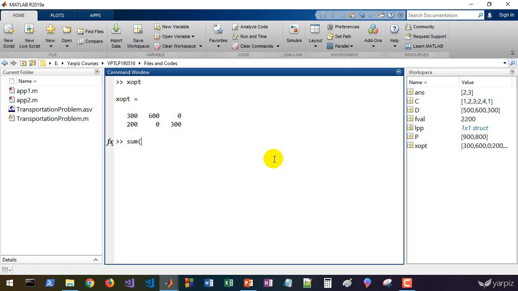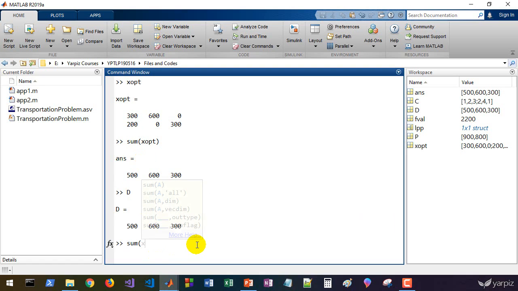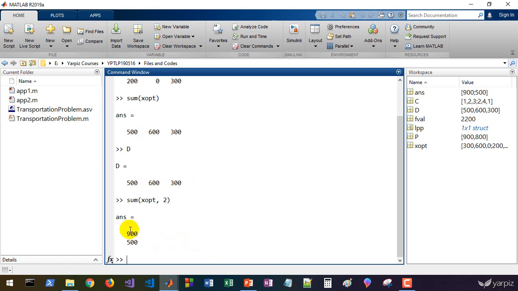And if you sum this xopt, you see that the demand requirements are met, 500, 600, and 300. You can see that it is equal to our demand requirements. And if you sum xopt, but in the second dimension, it is equals to 900 and 500, and our production capacity was 900 and 800.